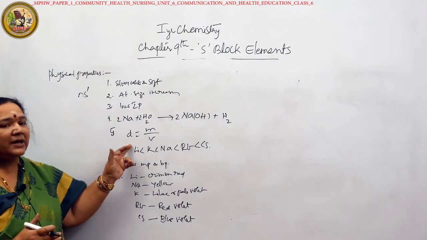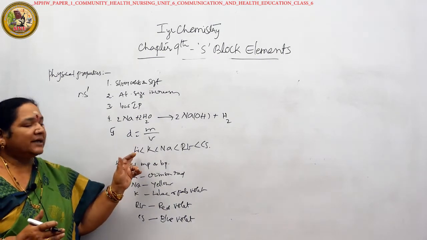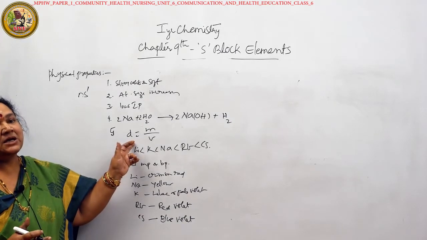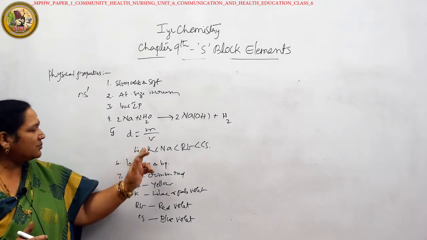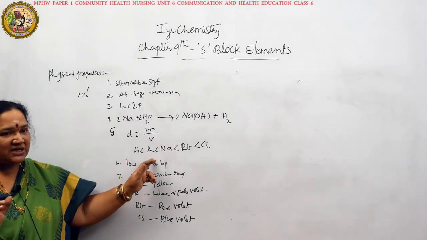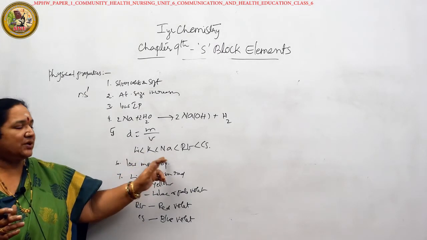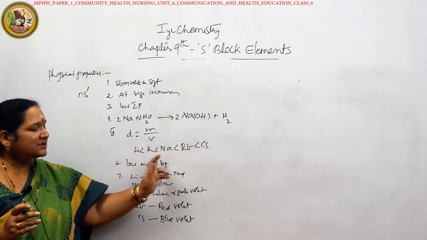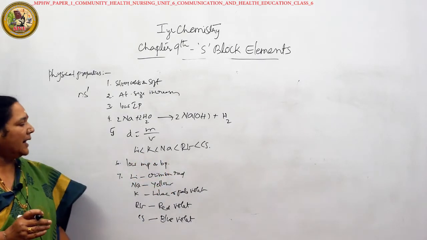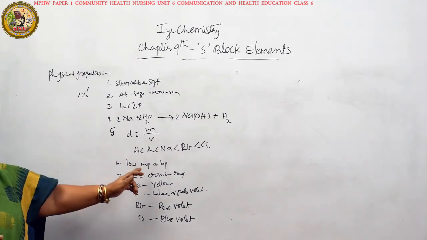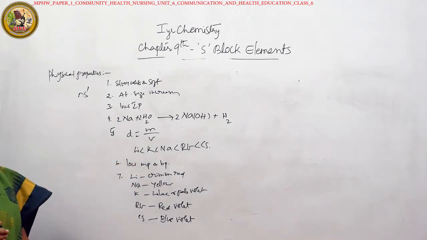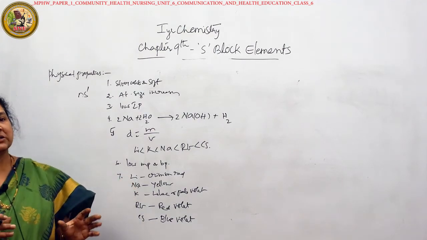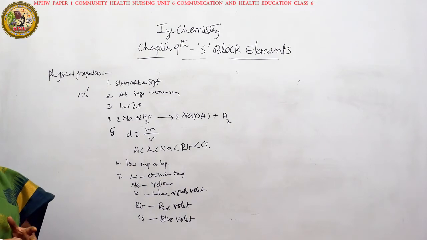Their melting and boiling points decrease because the density decreases. Density is mass per volume. However, potassium is less dense than sodium. So we can represent the densities in this following order, and they have low melting and boiling points because of the increased atomic size, and almost all these elements give color in the oxidizing flame.